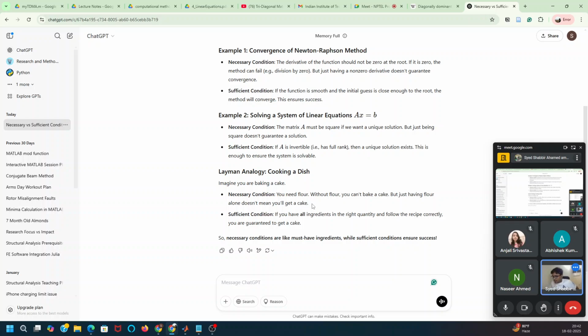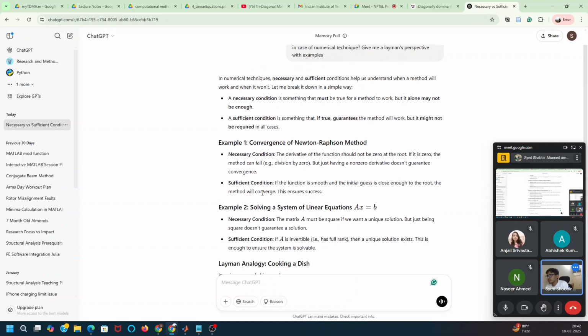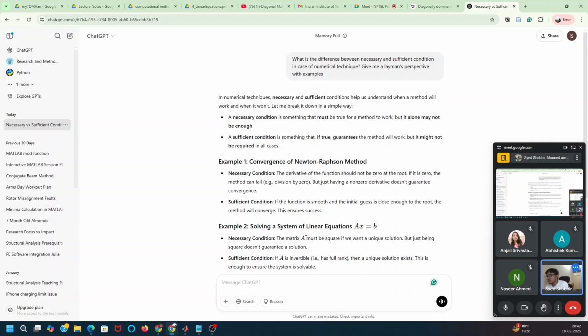So if the sufficient condition is satisfied, you will get a sure shot solution. Even if it is not satisfied, sometimes you might get a solution. The necessary condition is like flour should be there. If you don't have flour, you cannot make a cake. So in the same way here, if you want to get a unique solution, A should be a square matrix. Okay.